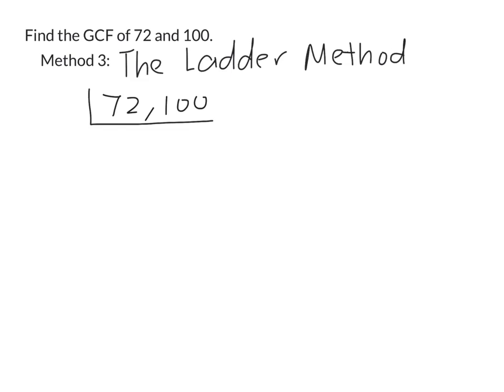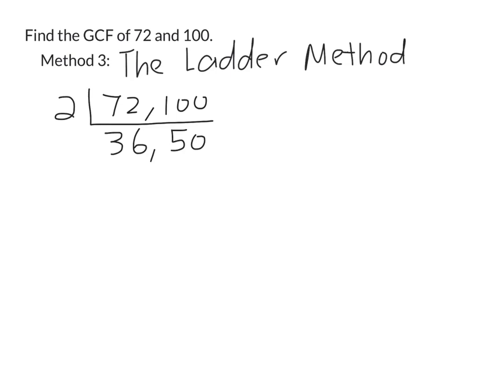Now you think about a factor that is common to both numbers, and since 72 and 100 are even, I can list 2, and 72 divided by 2 gives you 36, and 100 divided by 2 gives you 50, so you can put it here.